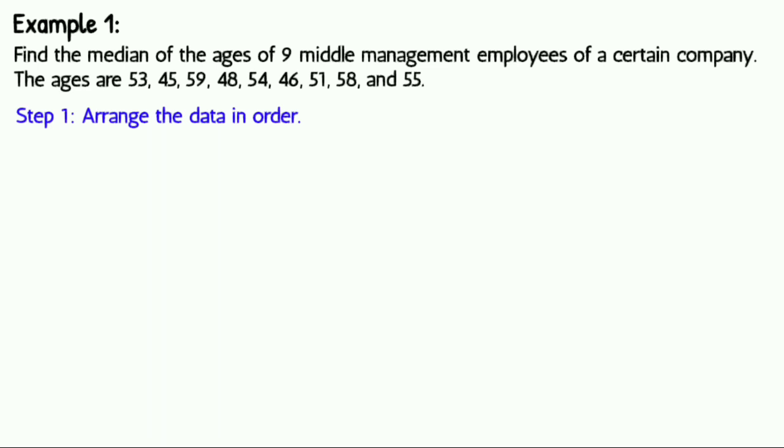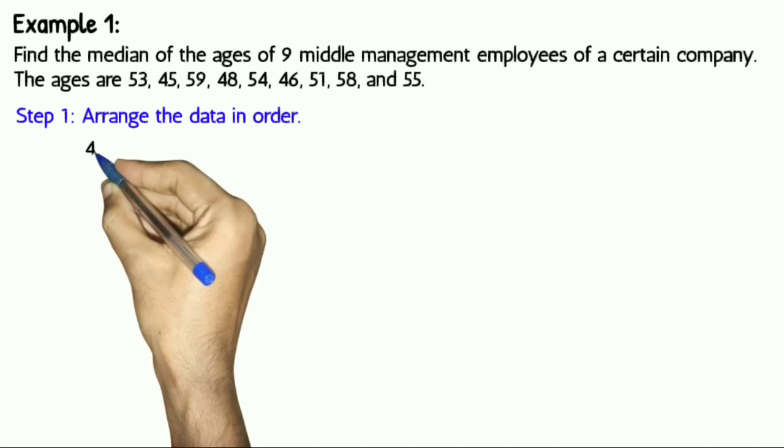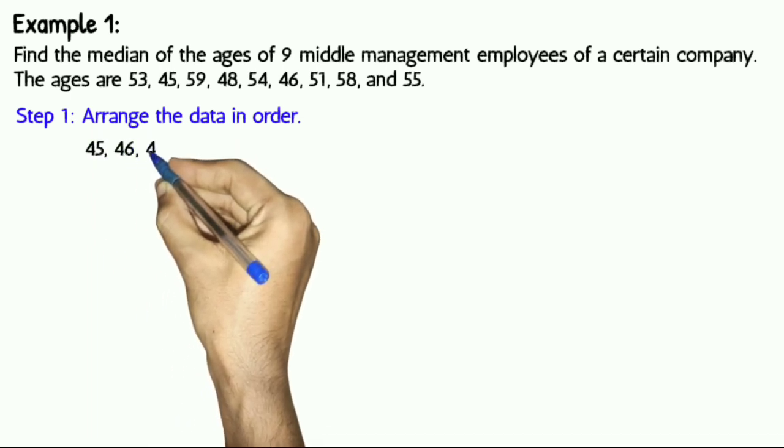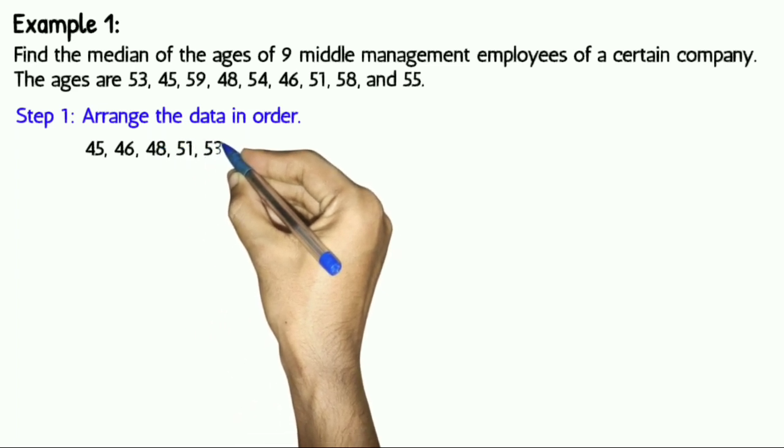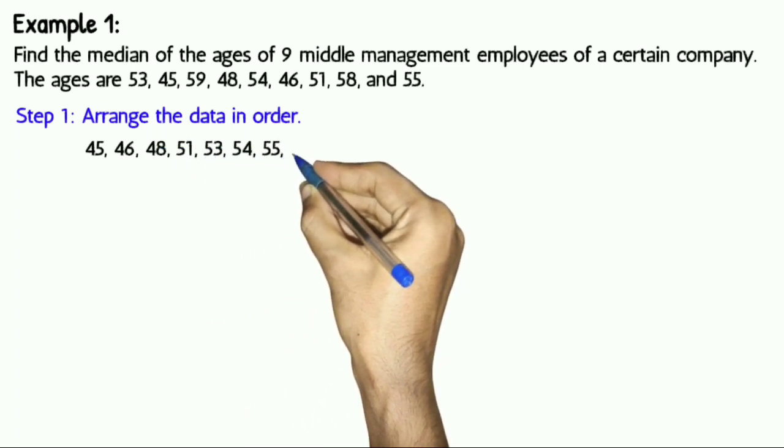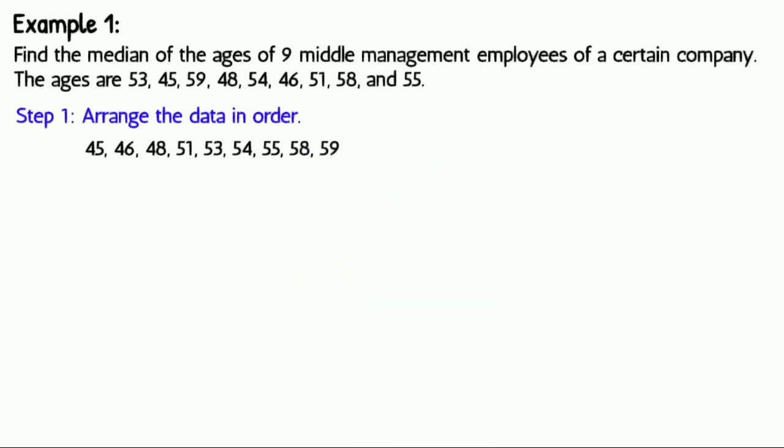Ang order should be in ascending order, meaning to say from lowest value up to the highest value. Ang lowest value natin dyan sa ating dataset ay 45 at ang highest value ay 59. So magsisimula tayo sa 45 at magtatapos tayo sa 59. So ang ating order ay 45, 46, 48, 51, 53, 54, 55, 58, and 59.